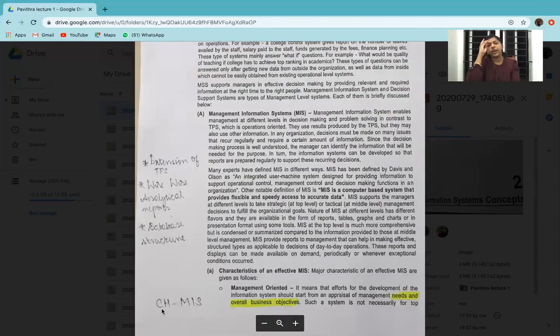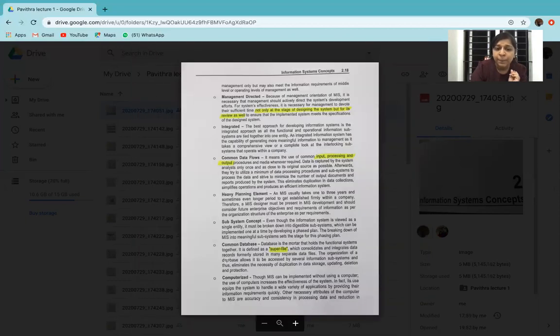Okay, we'll see through it. C for common database, common data flow. H for heavy planning element. M for management oriented, management directed. I for it is integrated, and S for it has a subsystem concept.